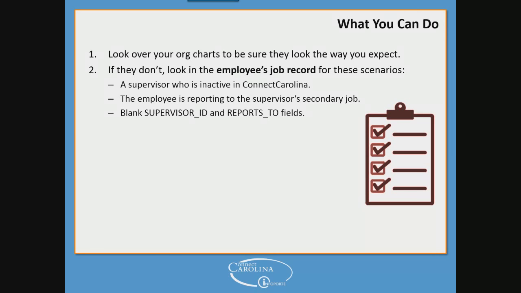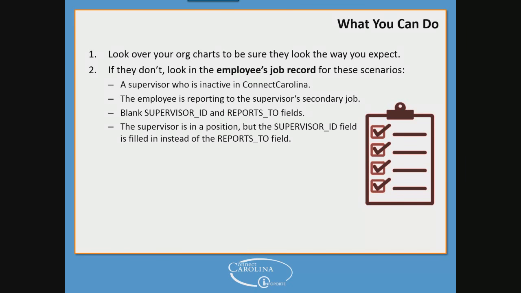If the supervisor ID or the reports to ID field is blank, so basically in the system it shows that they're not reporting to anybody, they're not going to show in the org chart. And if the supervisor is in a position, so has a position number, but the supervisor ID field is filled in instead of the reports to field, the employee may not show up in the org chart. If the supervisor is a temporary employee, they're not going to show up in the org chart.